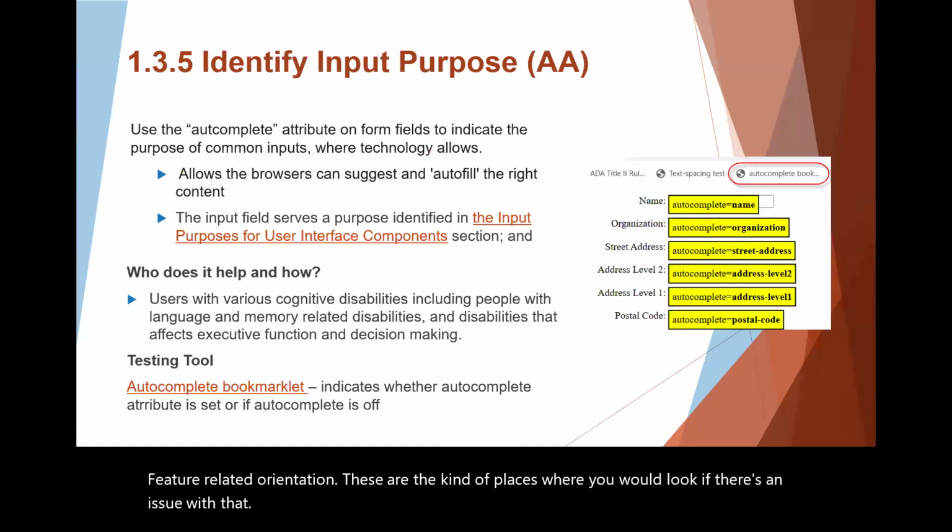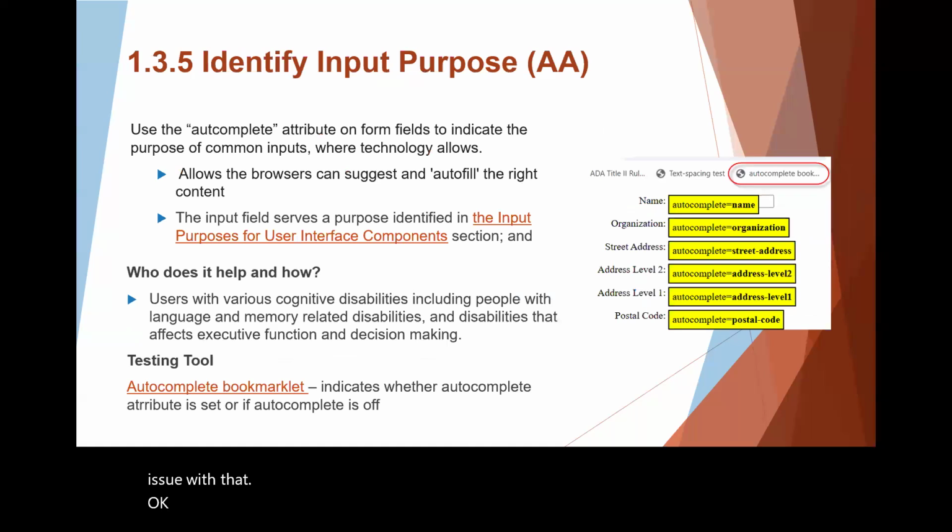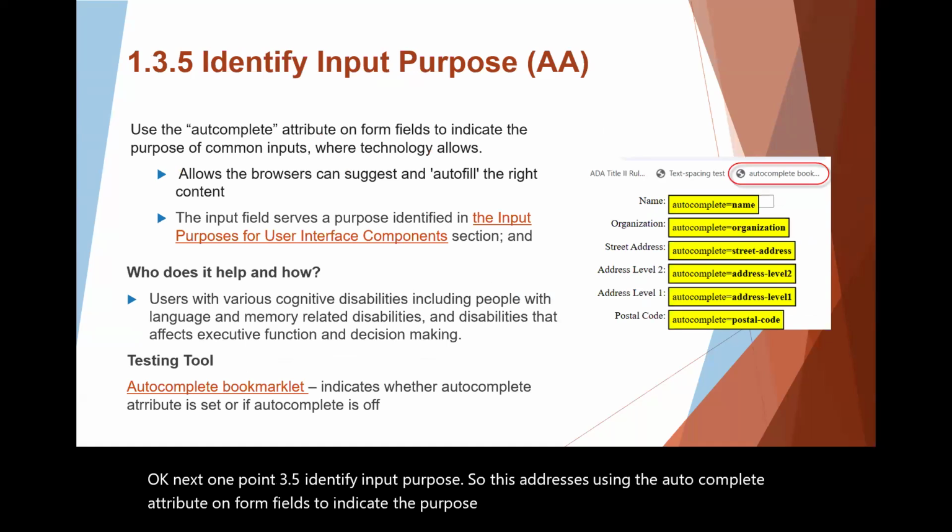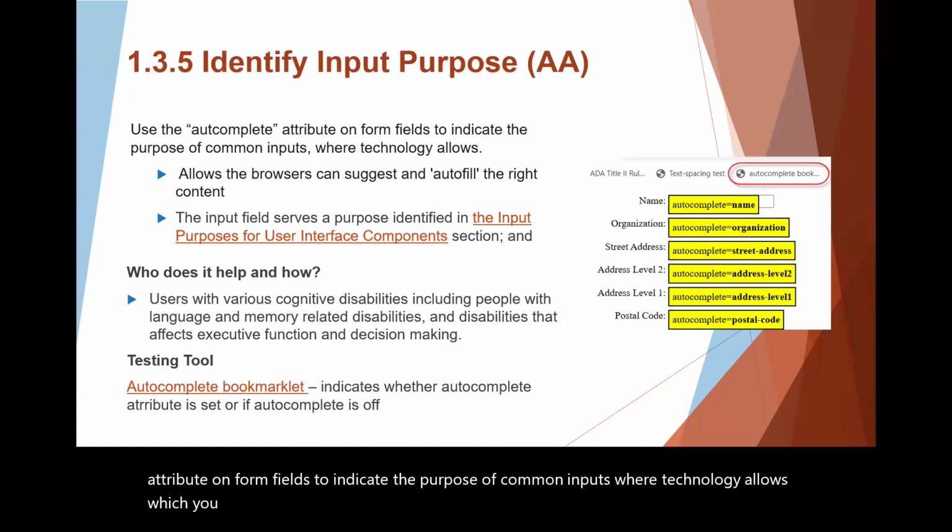Okay, next, 1.3.5, identify input purpose. This addresses using the autocomplete attribute on form fields to indicate the purpose of common inputs where technology allows, which all of our browsers of today can allow for.